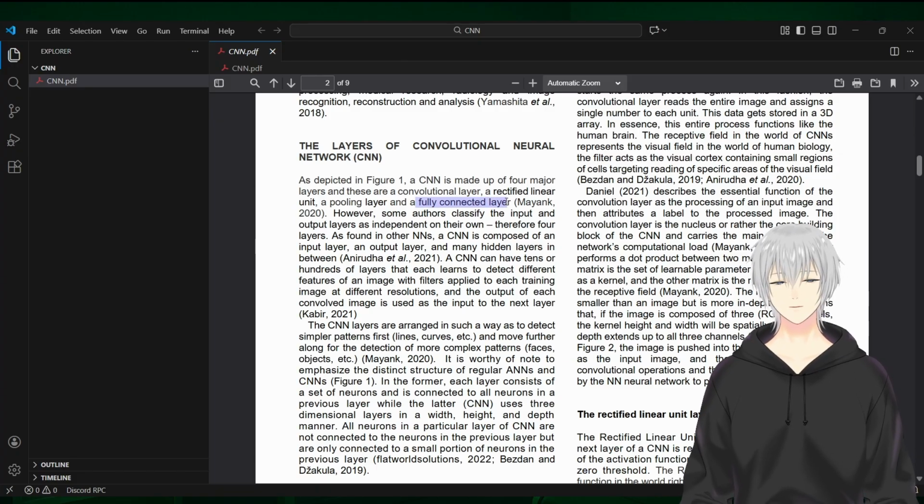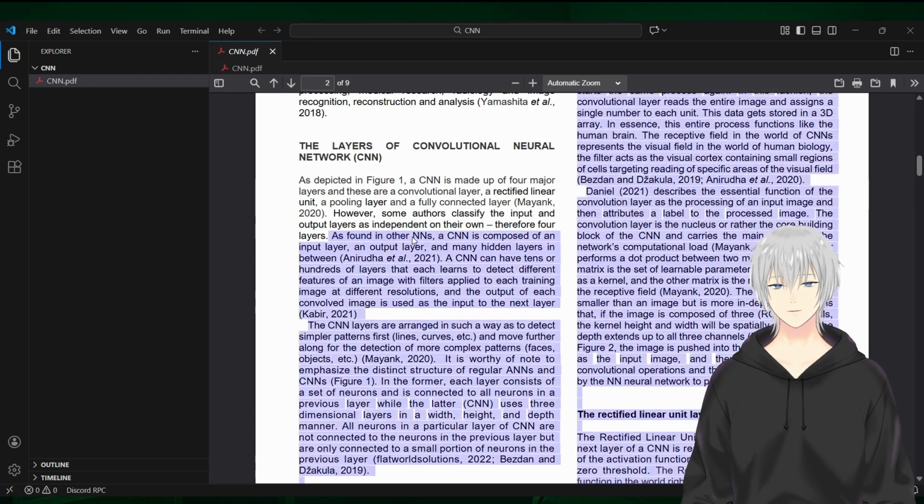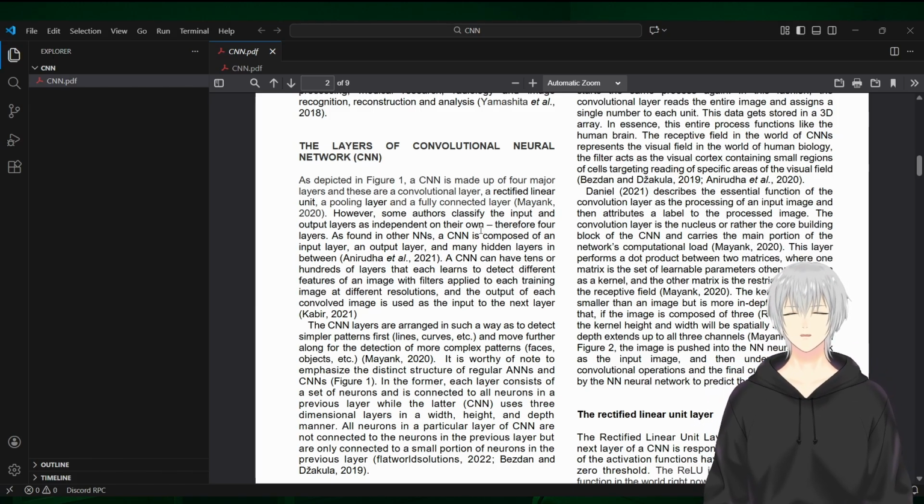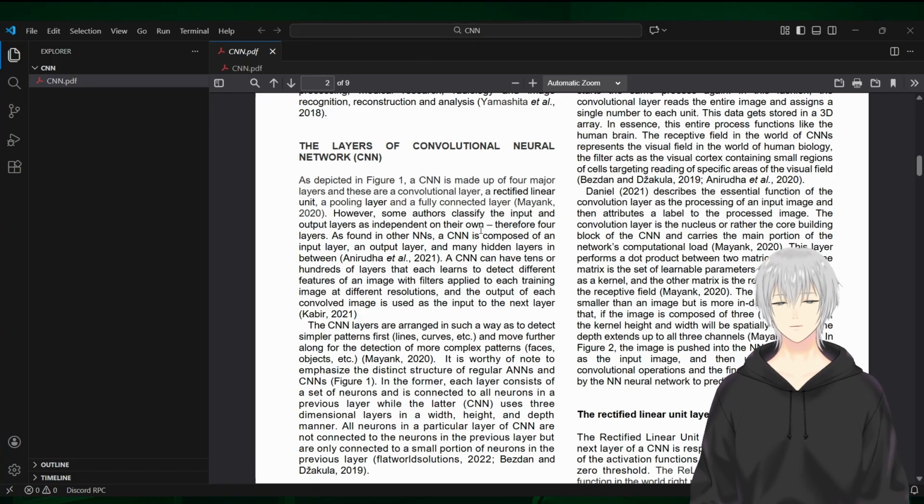And an output layer. The input and output layer are independent on their own. Okay, so there are six layers in total.